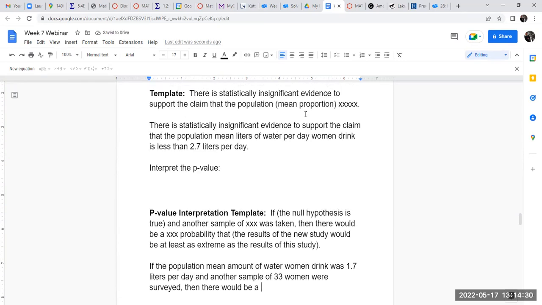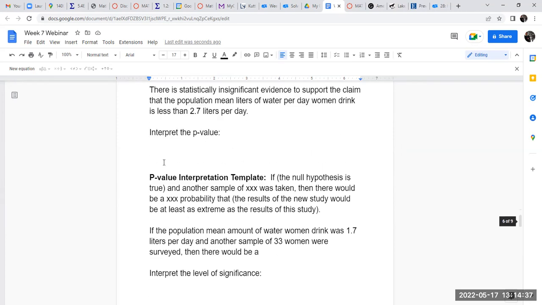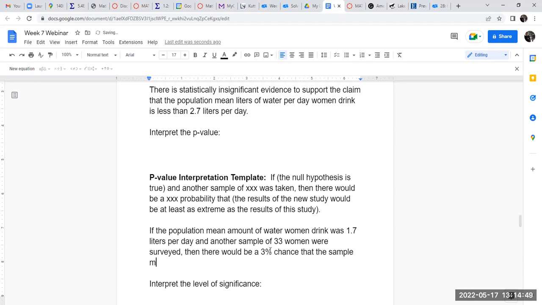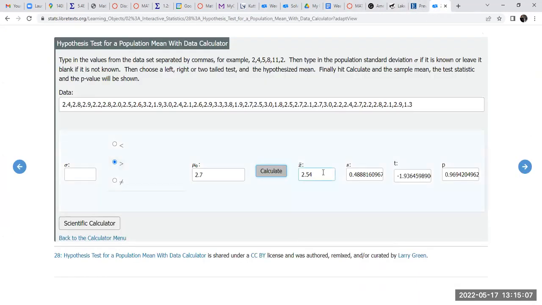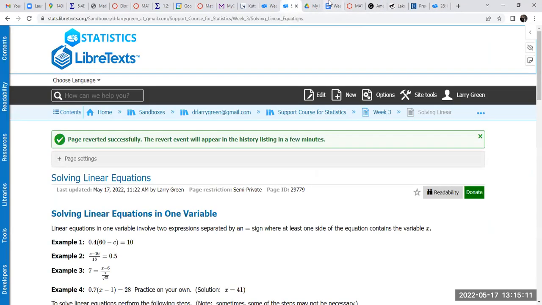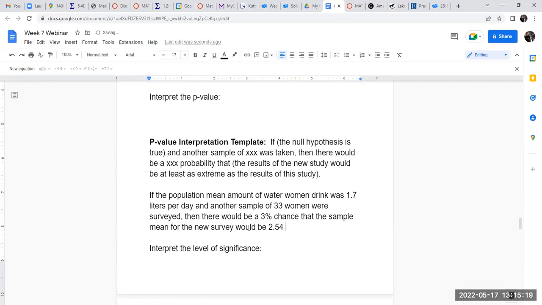Our p-value here, remember, was 0.03. So a 3% chance that the sample mean for the new survey would be, and then what we got again, that's over here, 2.54 liters per day or less.